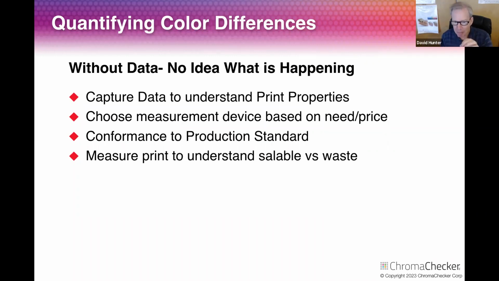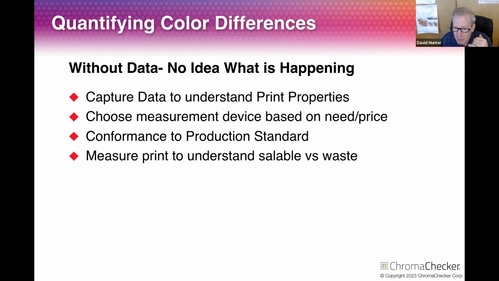And by establishing your production standard, you can begin to determine what is sellable print versus waste. When is a print suitable to sell to a customer versus not suitable to sell to a customer, and ideally catch it before you print 1,000 sheets of this print so that you don't have to come back later and take customer complaints and maybe give them a full credit on the print job.